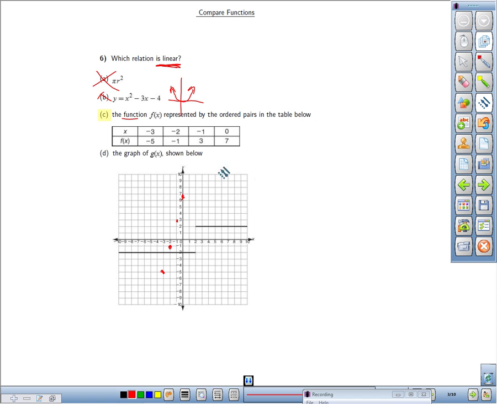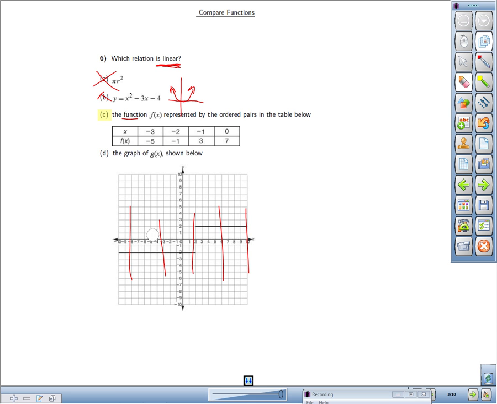Well, if we try and draw a straight line through those points, we can do it. So it's linear. Now, let's look at the actual graph that's on for part D, see what we've got. Notice it is a function. Okay, I can draw that vertical line anywhere on the graph and still only touch in 1 spot.